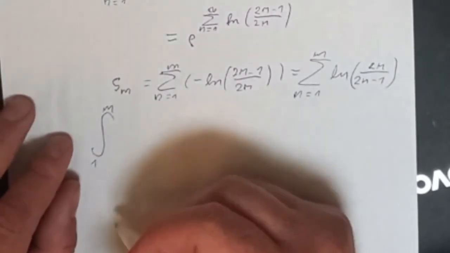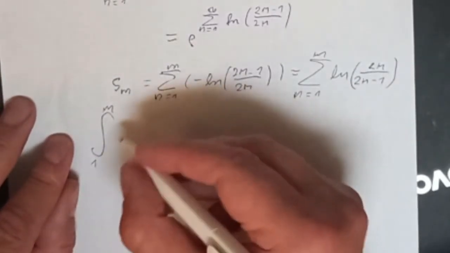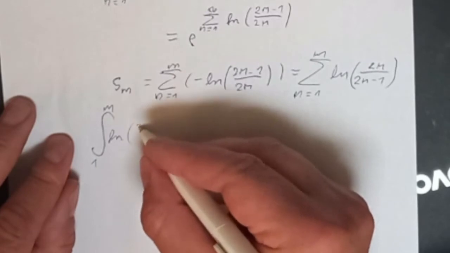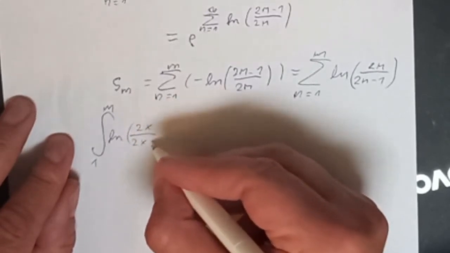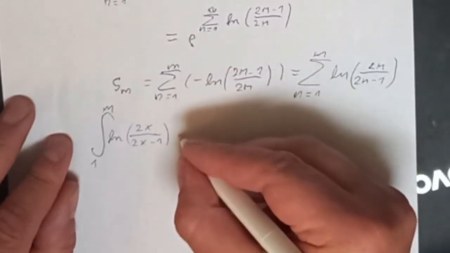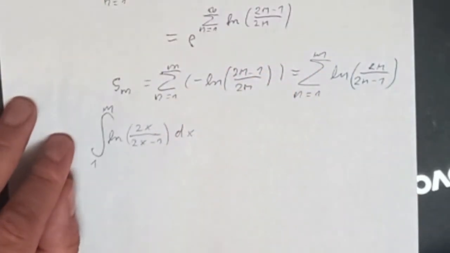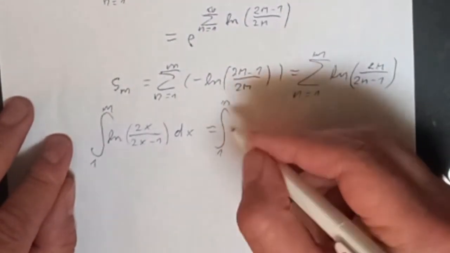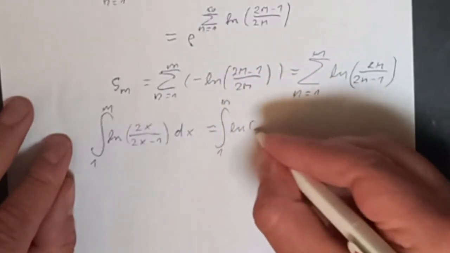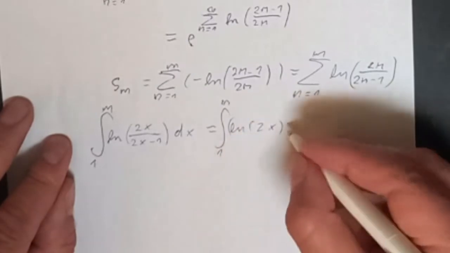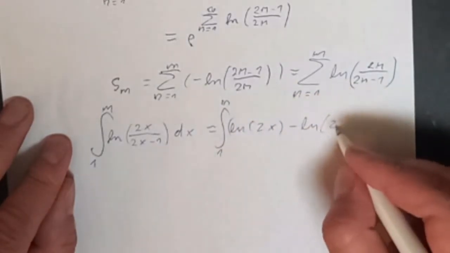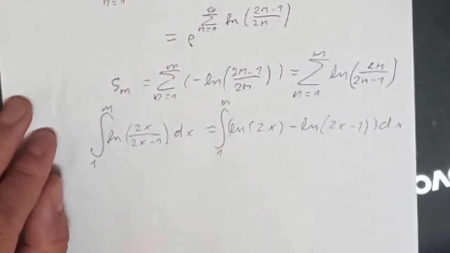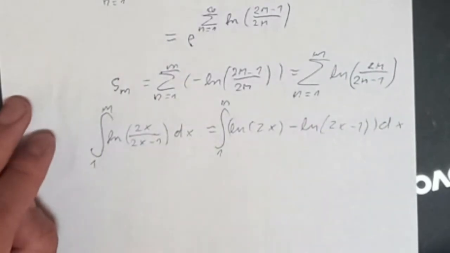So we have the integral of the logarithm of 2x over 2x minus 1 dx, or that one here, the logarithm of 2x minus the logarithm of 2x minus 1 dx.